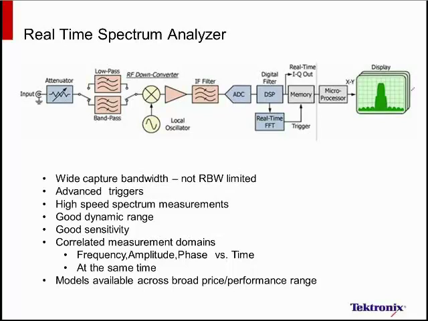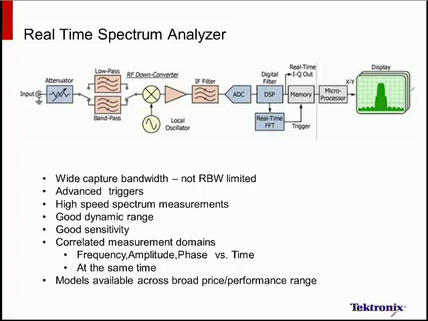The term real-time comes from the fact that we don't drop any samples after we digitize in the IF. From a speed perspective, it's significantly faster than a swept-tuned spectrum analyzer for narrow resolution bandwidths, and I have a slide that talks about that in a little bit. But because we are looking at the spectrum from an IQ perspective, I get to do what's called multi-domain analysis.